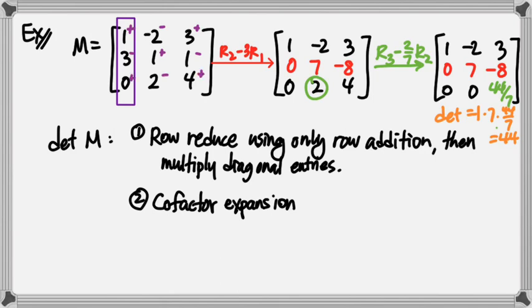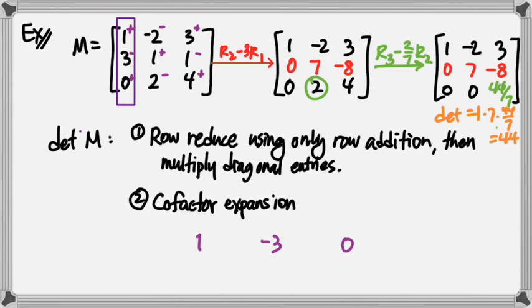Right? So we put those little signs in there. We're going to use those in a minute. What we then get are called the cofactors in this column are going to be 1, positive, -3, and 0. So those are my 3 cofactors. I'm going to write those down here, 1, -3, and 0.